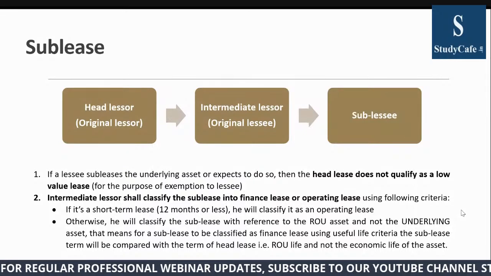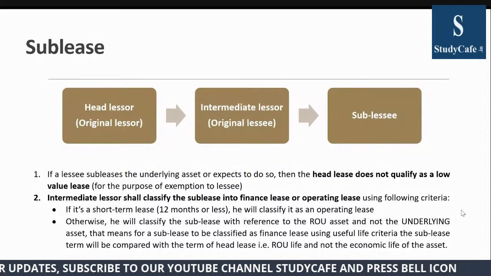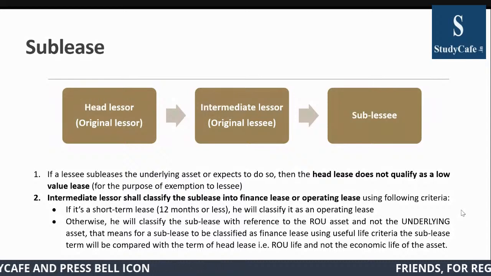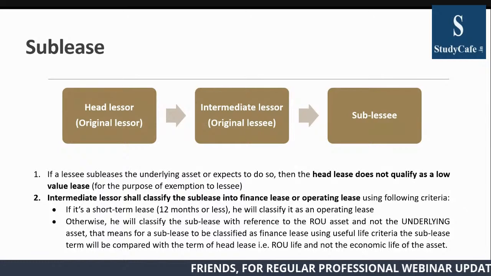So if there is a lease which is actually of low value but the lessee is intending to sublease it, then it cannot claim the exemption for low value lease. So I hope this is clear.